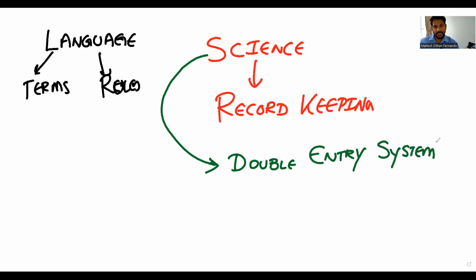Now, someone might think, so then what is the accounting equation? Puta, let me tell you, accounting equation is not the scientific method. There we recognize, as a result of transactions, what increases and what decreases.